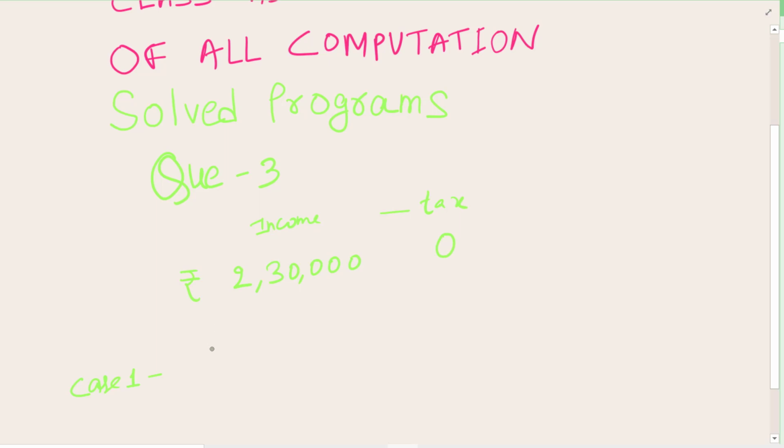But if I write case number 2, let me erase this. If your income is say 2,80,000, what will you have to do? You will have to now pay tax according to that chart.